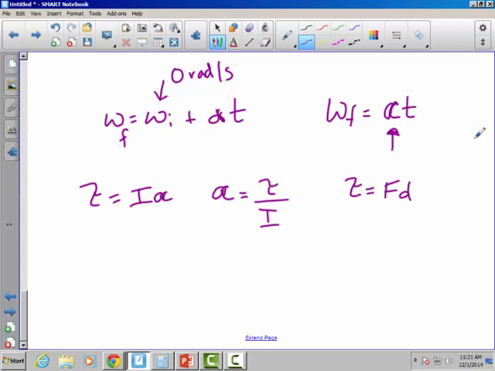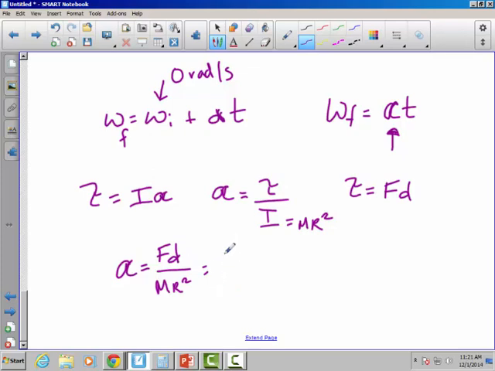Okay, and then we know that we've got a hoop, and I just showed you guys what the moment of inertia for that is. So that is mr squared. So angular acceleration is equal to torque divided by moment of inertia. If this was a translational or linear problem, it would be acceleration equals force over mass, which is what you guys are used to seeing and doing.